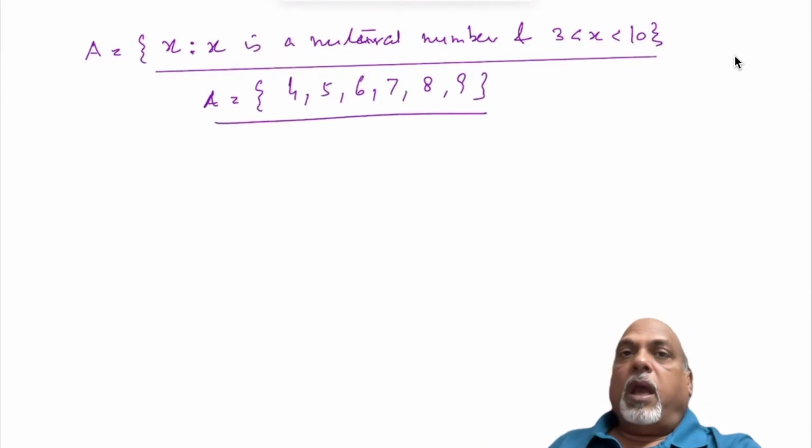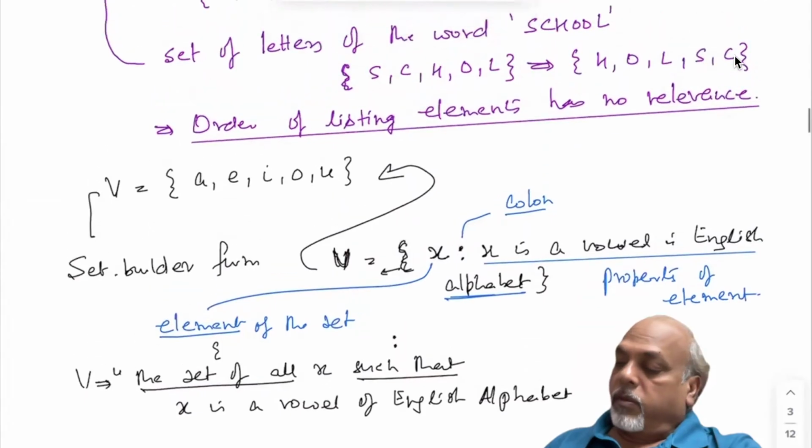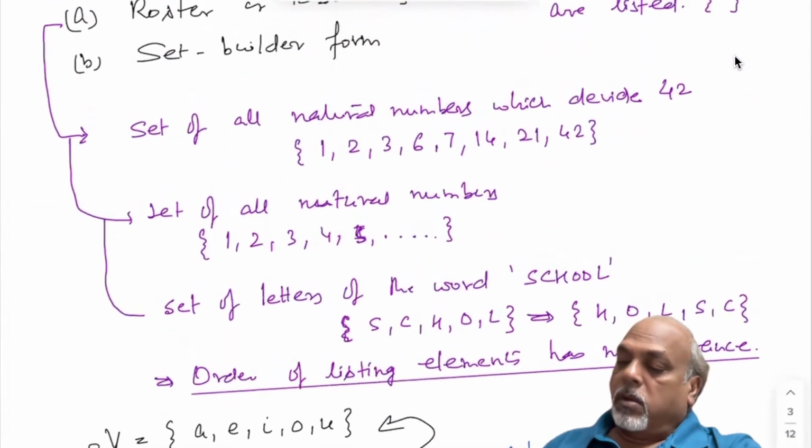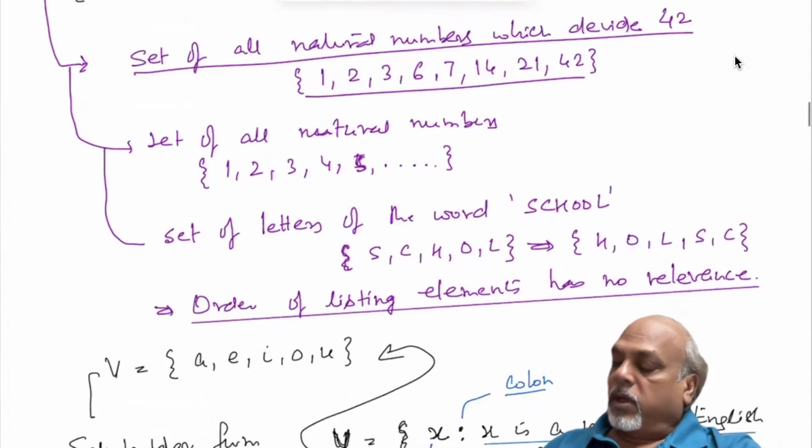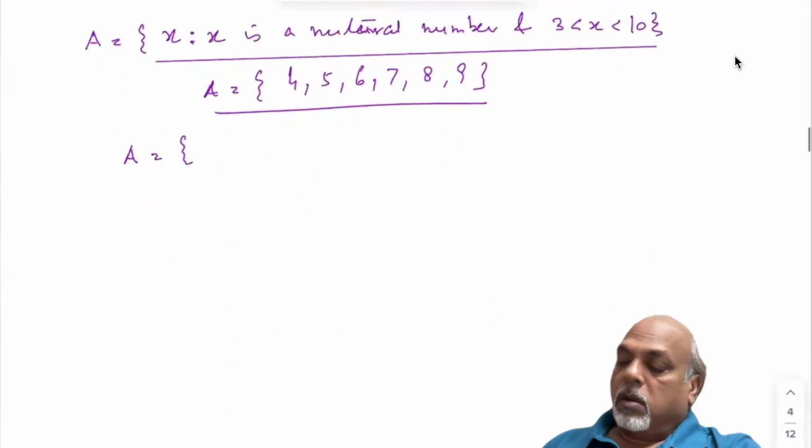As we have seen above, suppose we have 42, and the numbers which divide 42: 1, 2, 3, 6, 7.